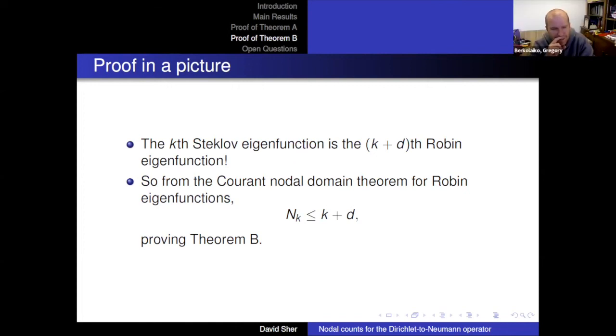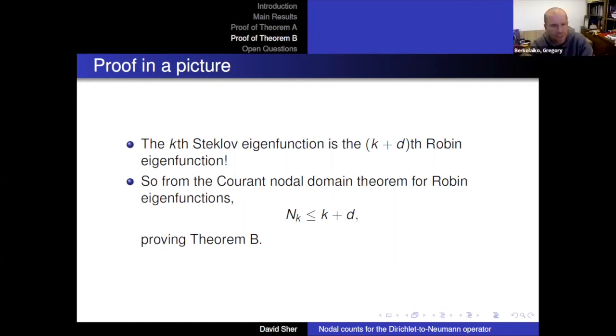Oh, the parameter that goes to infinity is sigma, right? So you need Pleijel in the Robin parameter sigma, whereas you have Pleijel in lambda, because the Robin parameter keeps changing. So it's not a fixed Robin parameter. What you wrote is k plus d for the Robin eigenfunction.